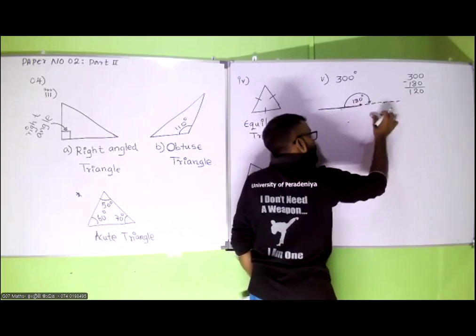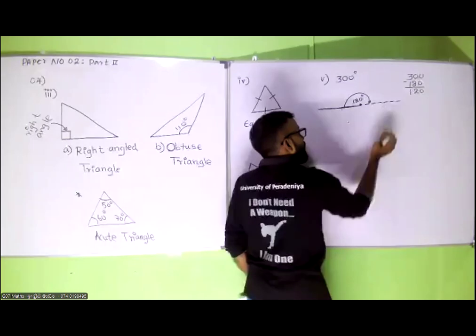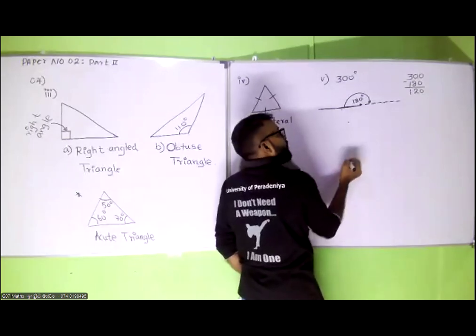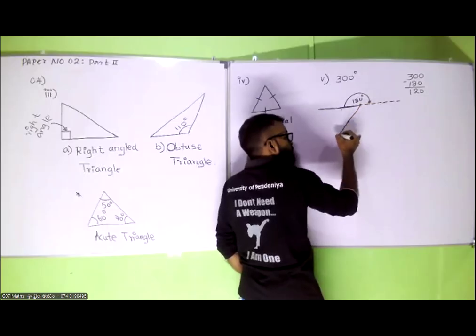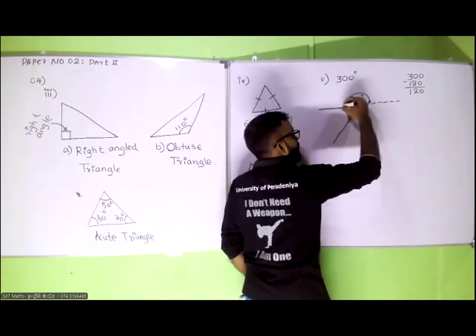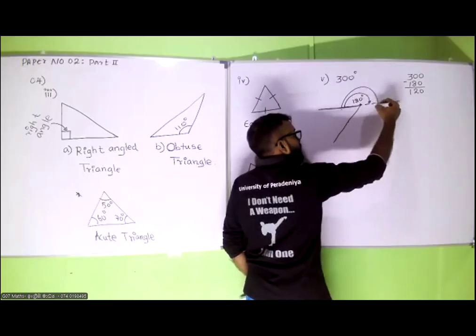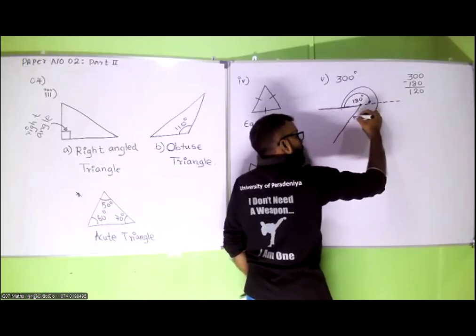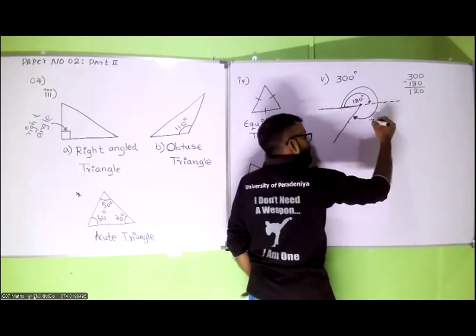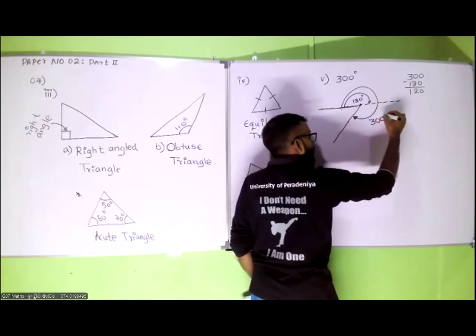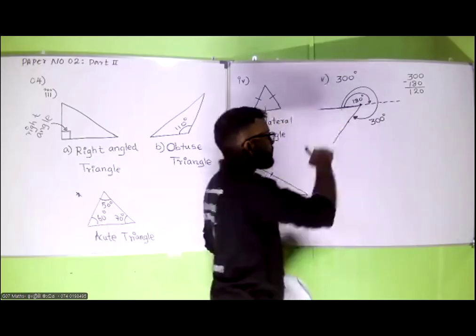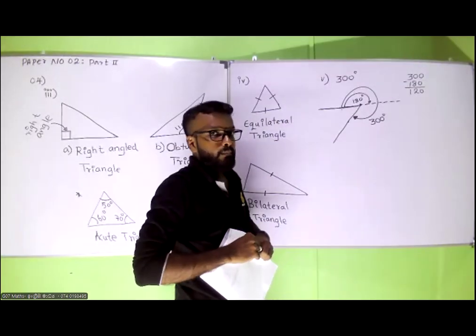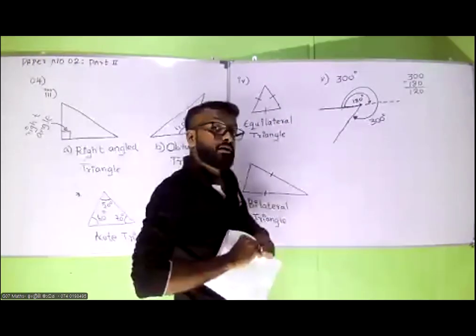Take your ruler, place it here, and join these two points like this. So now you have a total of 300 degrees. This is how we are going to draw a 300-degree reflex angle in your book.